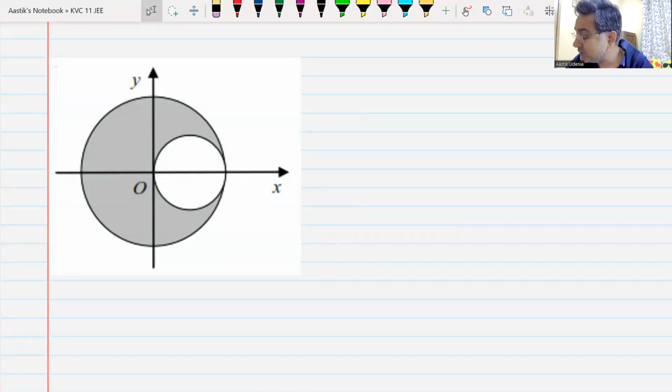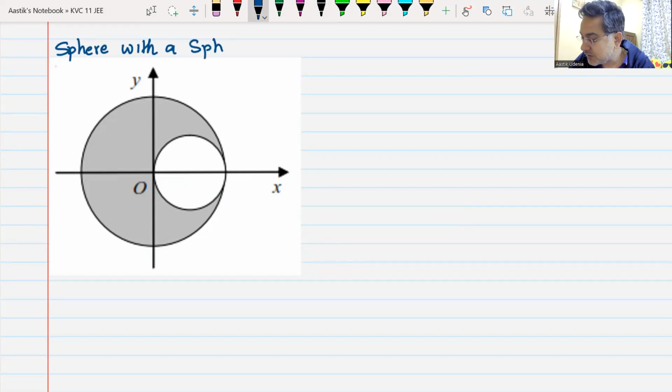Now this is the second question: sphere with a spherical hole. The diagram is the same, but now it represents a sphere with a spherical hole.